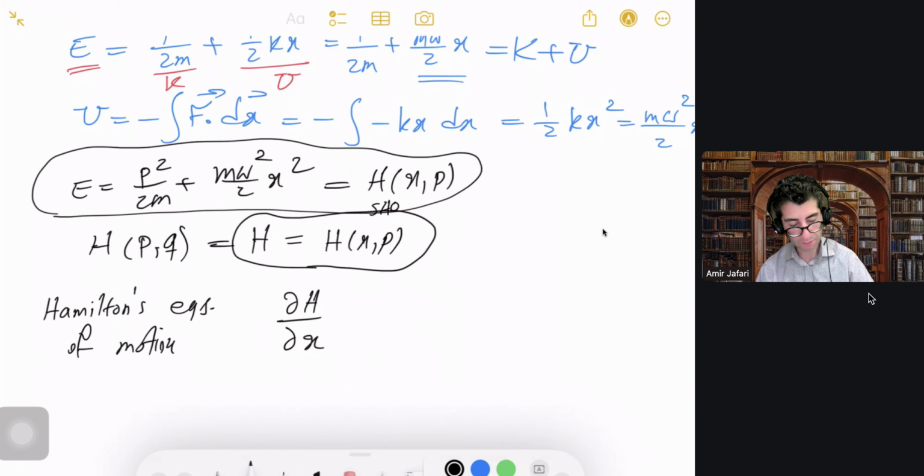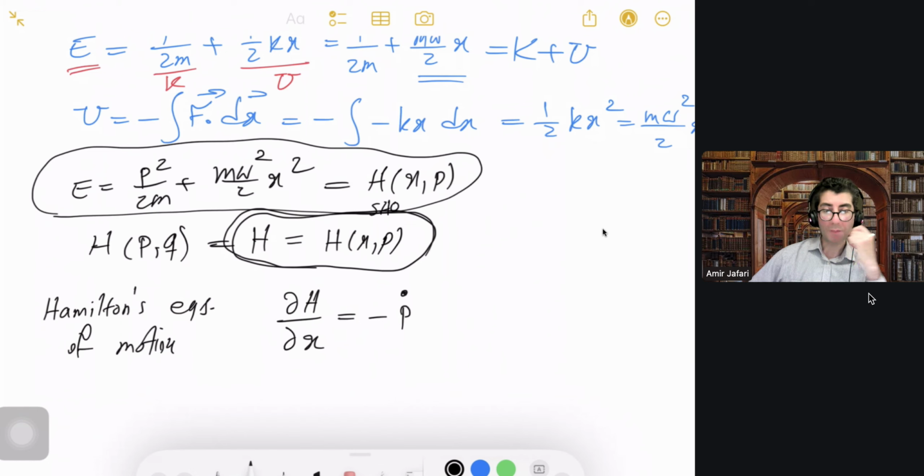So I'm using this notation here because the generalized coordinates, in this case of the simple harmonic oscillator, are just x, position, and p, momentum. We're not talking about sophisticated generalized coordinates. So dH over dx would be minus p dot, which means the time derivative of p.